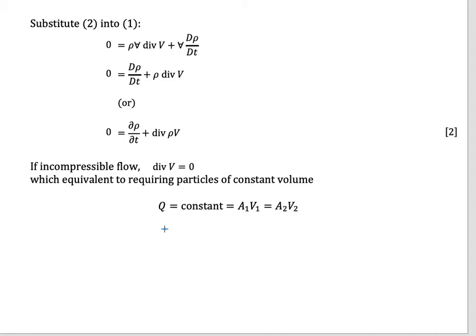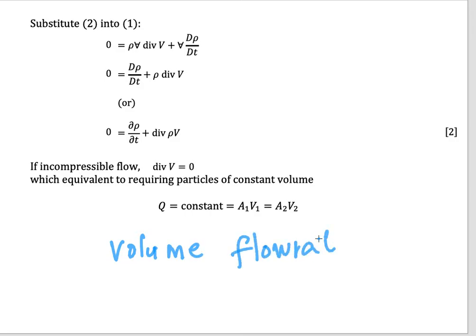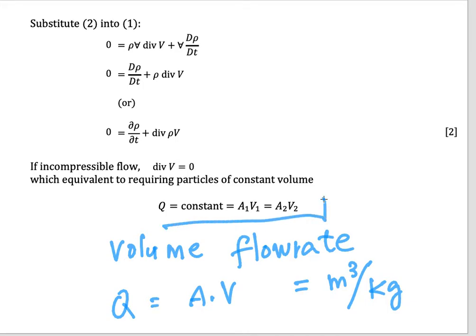One is about the volume flow rate, whose unit is meter cubed per second, and the equation is Q equals A times V. Another continuity equation that you could use in application is the mass flow rate, m dot, in kilograms per second, and the equation is rho A V.